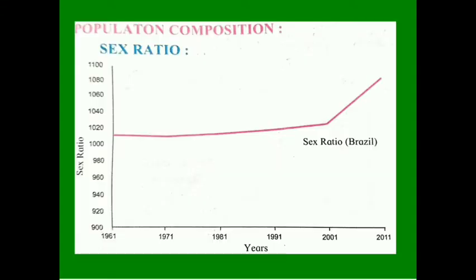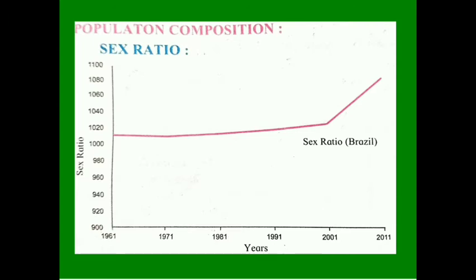Here we have the first graph, that is, the population composition graph of sex ratio. On this slide you are provided with the graph depicting the sex ratio of Brazil. The vertical line, that is the y-axis, depicts the sex ratio. Here it is the females. And the horizontal line, that is the x-axis, depicts the year, that is the census.